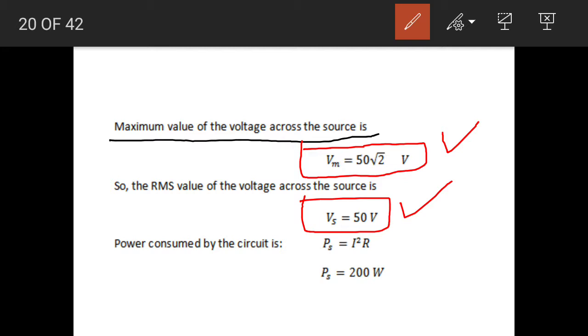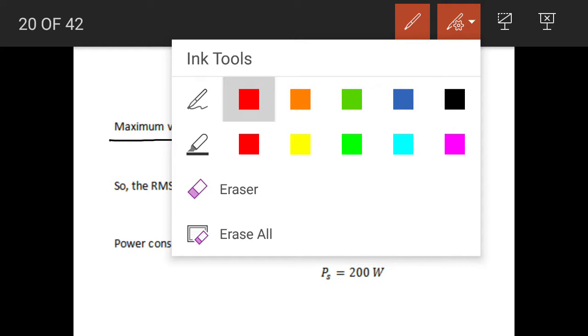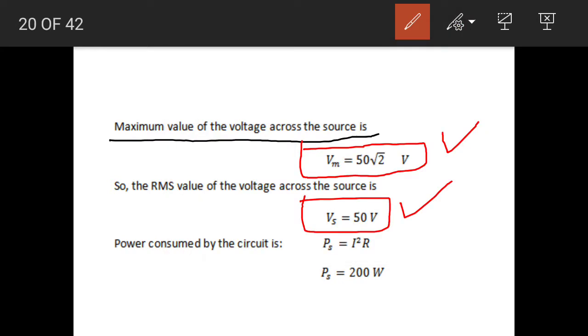We calculate the total power which is consumed by this circuit, or the total power which is supplied by the voltage source. So we can calculate the total power supplied by the voltage source with the help of this particular equation, that is I square R. We put the values where I is the RMS value of the current, and the RMS value of the current is 5 ampere.